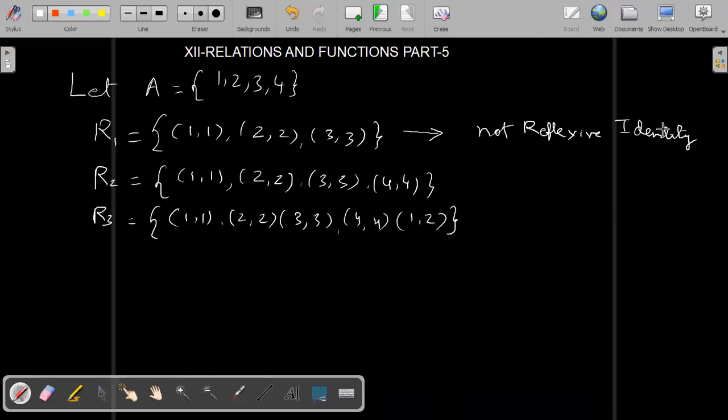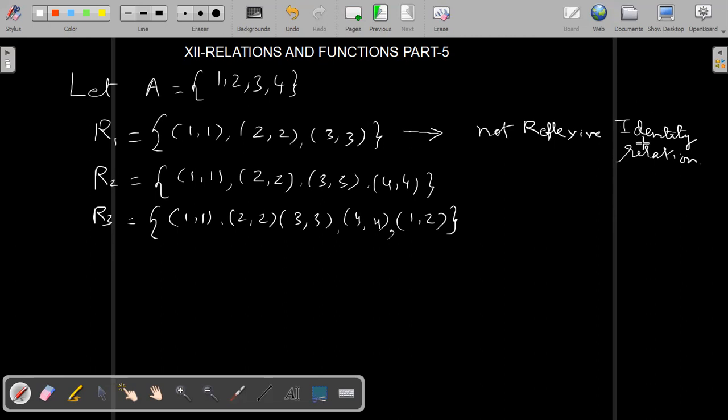In an identity relation, there should be only doublets. It can have fewer than the number of elements in the set A, like (1, 1), (2, 2), (3, 3) only. If you put one more, for example in R3, here (1, 1), (2, 2), (3, 3), (4, 4), but (1, 2) is the extra element of the relation R3, so it is not an identity relation.